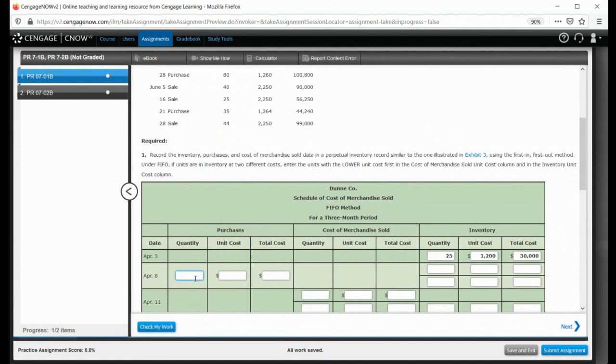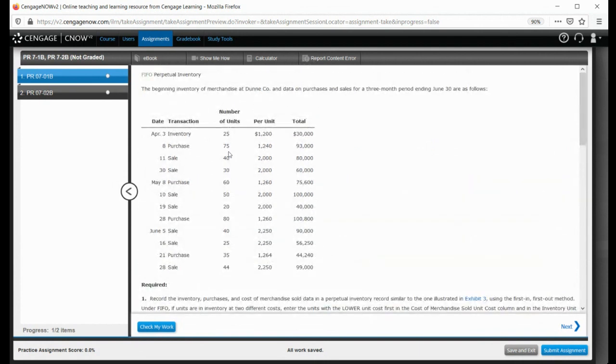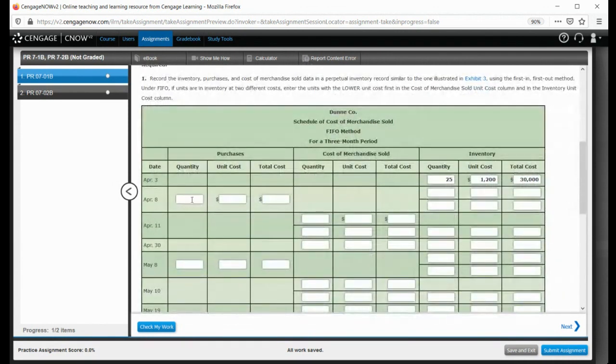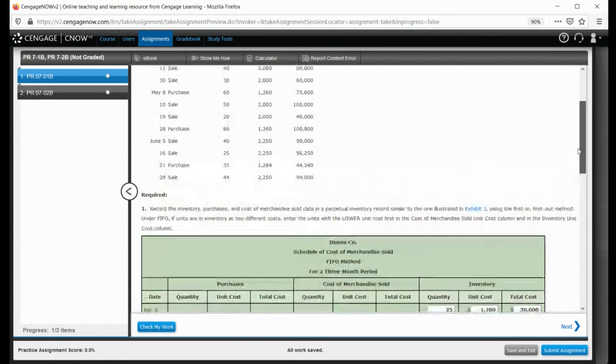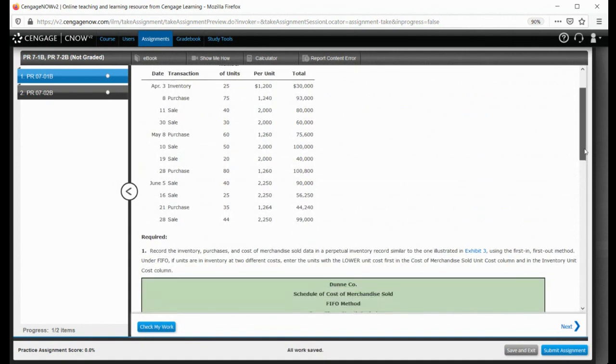What I'm going to record for the quantity in the purchases column is the amount that I purchased on April the 8th, which was 75 units. So 75 units are going to be entered on the cost card, and the unit cost of those units is going to be the amount that was given to you, which was $1,240.